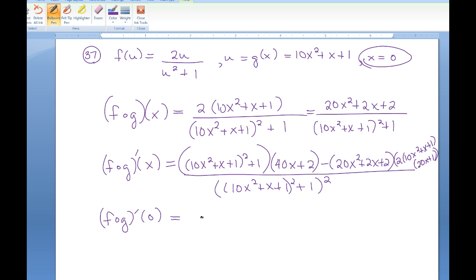You see that? And then plug in 0 here, so you get another 2. Plug in 0 here, you get 2. No, never quit. You get 1. Okay, here you get 1 times 2 times another 1, so just 2.